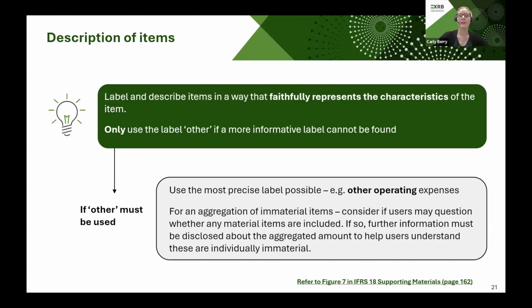If so, then information to resolve that question in and of itself is material information. And so the standard contains examples of the type of information you should disclose to resolve the question. For example, explaining that there are no material items included in that amount, or you could even give an indication of the nature and amount of the largest item, while also saying that no items are material.